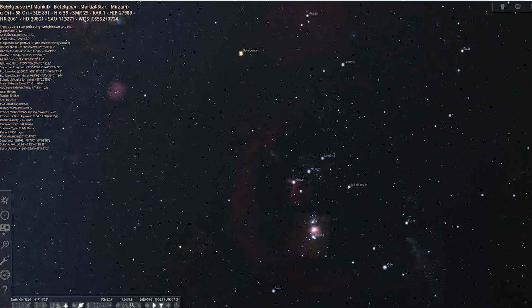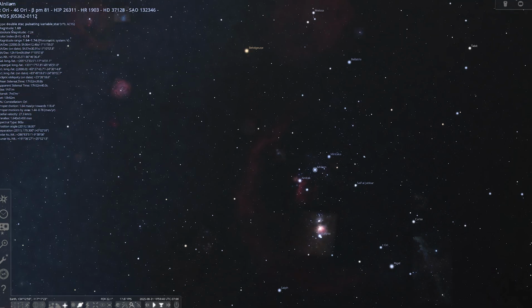So they look like they're sitting on the same dome. But Al-Nitaq is far, far, far. It's almost twice as far as this one. You guys see it? So there is an element of depth that we can see. For example, this is Al-Nilam, which is sitting on the same belt. The distance is 1,976 light years.